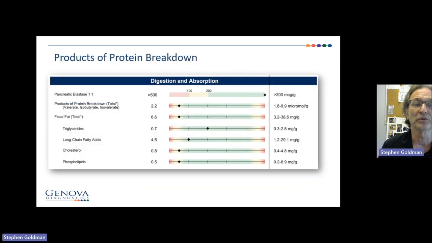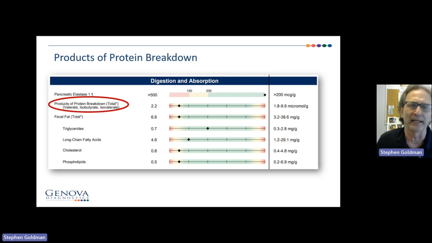Now, the products of protein breakdown, which are valerate, isobutyrate, and isovalerate, are really important in that they give us insight into how well the patient is breaking down and absorbing protein. As your patient eats protein, it starts to get broken down in hydrochloric acid, making amino acids, and then various enzymes make various peptides, dipeptides, polypeptides. So you have all these different partial proteins.